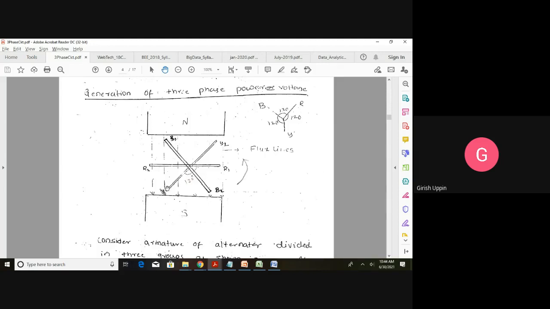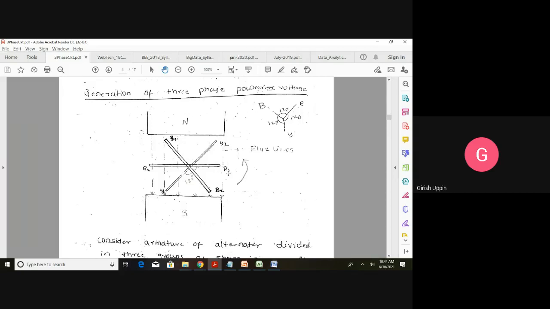That is how Y phase EMF would be lagging behind the R phase EMF or the voltage by 120-degree. And the B1 phase will take 240-degree to come to this reference point. So in B1 phase, after 240-degree, the EMF will start generating, or in other words, the voltage generated in B1 phase will lag the R phase by 240-degree.